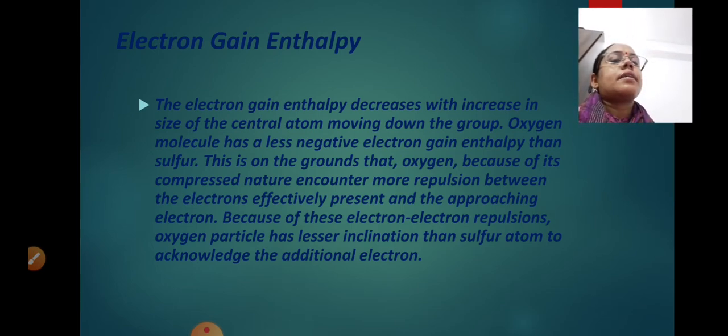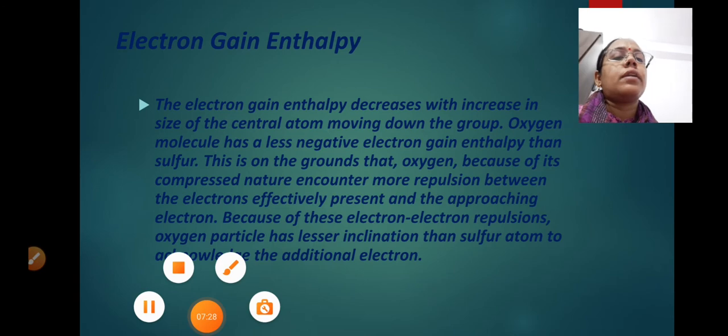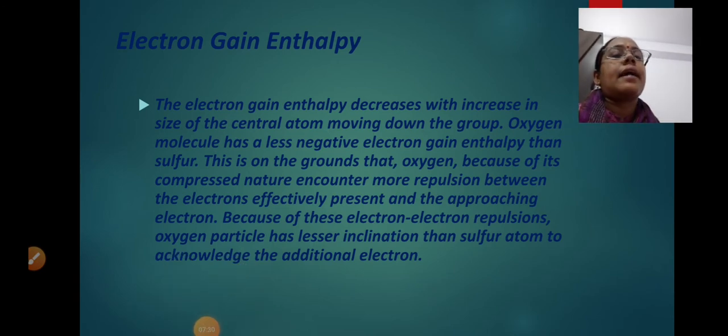Oxygen has a less negative electron gain enthalpy than sulfur, because the atomic number of oxygen is less than the atomic number of sulfur.